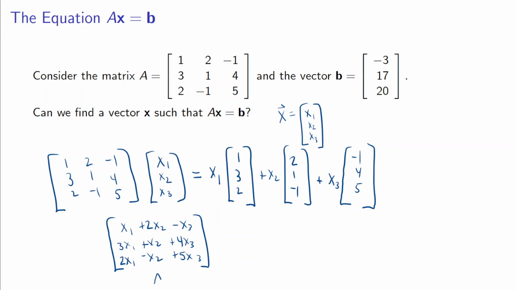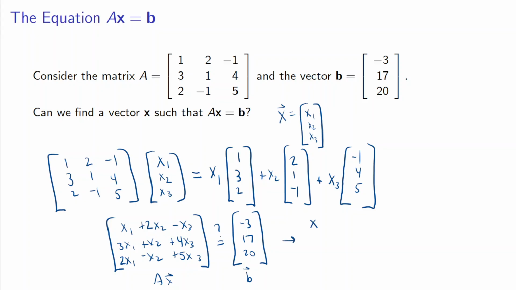So there's our AX, right? This is our AX, and we want to know, does that equal B, -3, 17, 20? So we've got this AX equals B. And if this were to have a solution, then it would mean that the components of each of these vectors would be equal to each other.